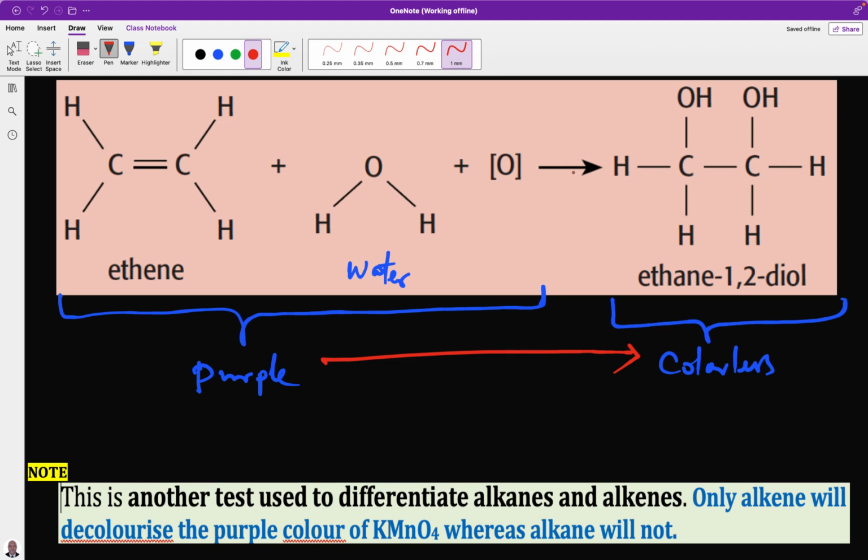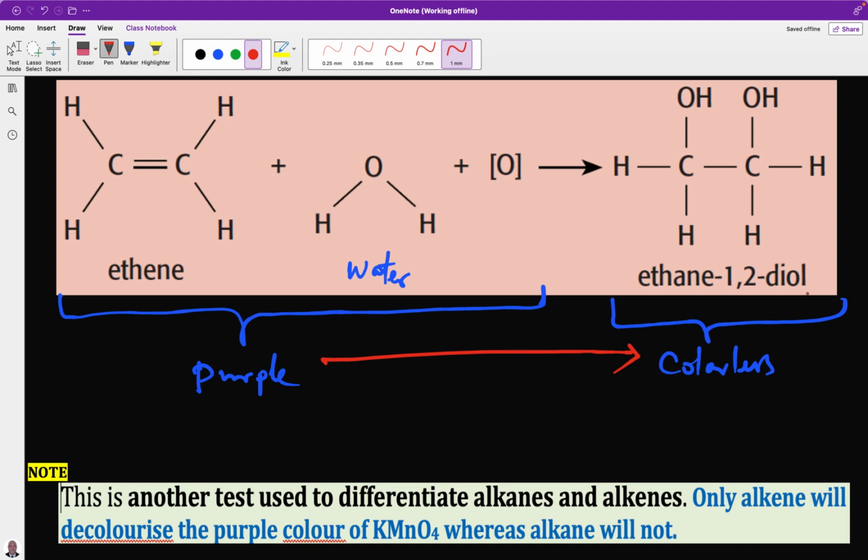If it was ethane here, it will not do. Why only alkene? The presence of the double bond leads to this addition, forming ethane 1,2-diol. It is because of the presence of the double bond. But alkane will not do that.